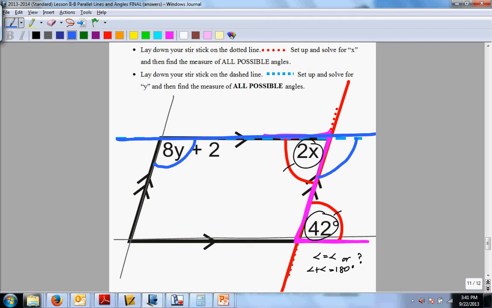Those are corresponding angles. These two angles are going to be equal. So for y, you can use this equation. Angle equals angle. Once you find that angle over there, you can do 8y plus 2 equals whatever this angle turns out to be. Then you want to find all possible angles in the diagram after you solve for x and y.